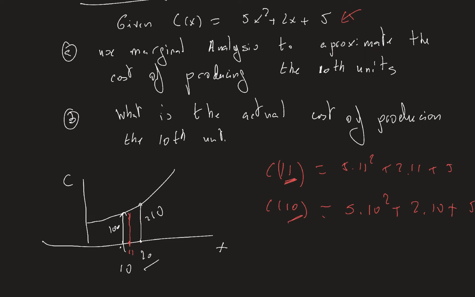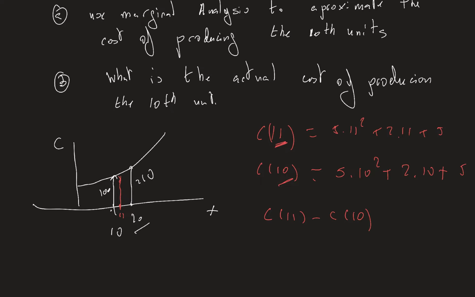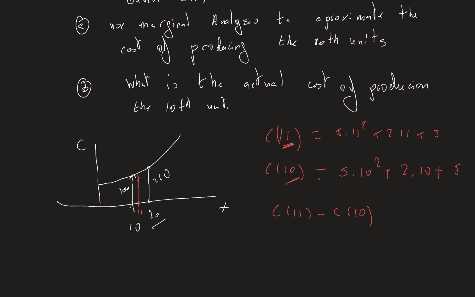So it is C of 11 minus C of 10. This is the real cost.